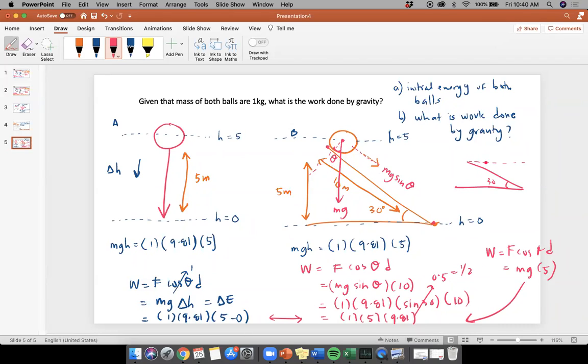This is 30 degrees, this is 10, so this becomes 10 sine 30. Sine 30 is 0.5, basically 5. So it's the same. I resolved my displacement to be in parallel with my gravitational force. So that is what I get.